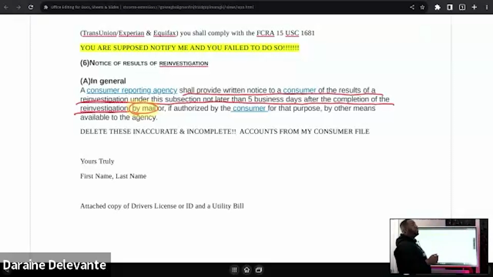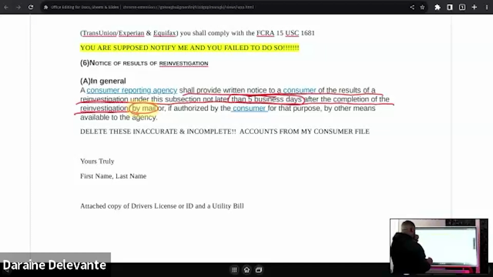Don't give them any authority to send you a DM or to put any document in any portal. Have them mail the document out to you, because if you don't receive this document, that's their problem. The law says they're supposed to mail the results to you of the reinvestigation within 5 business days. And if they cannot prove this, the 5 business days, they are in violation.